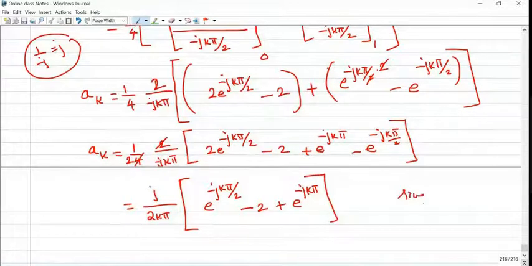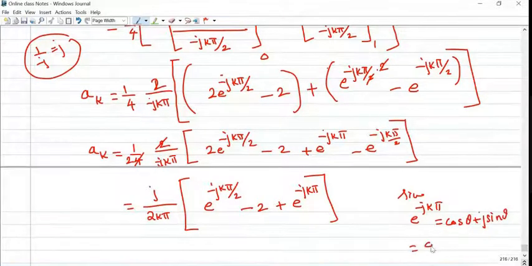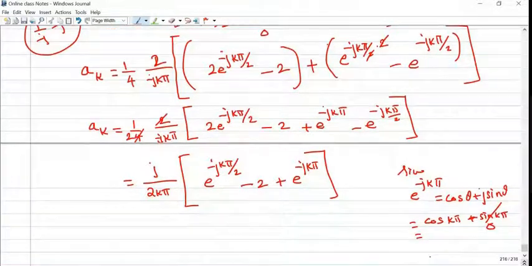Since e power minus j theta equals cos theta minus j sin theta in general, e power minus jk pi is cos k pi minus j sin k pi. Sin k pi is always 0, so cos n pi has the value minus 1 power n.